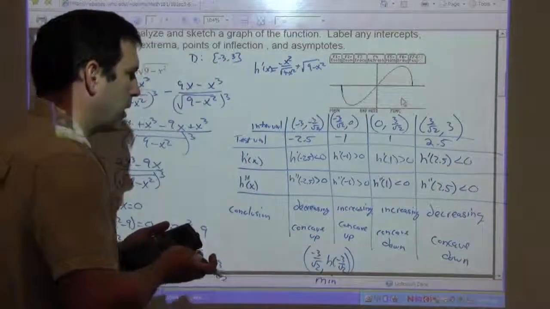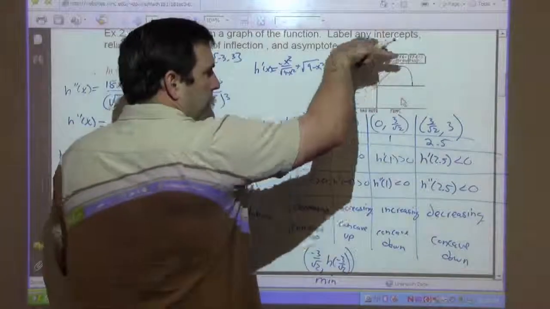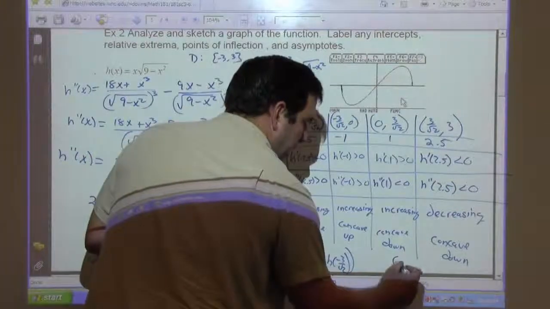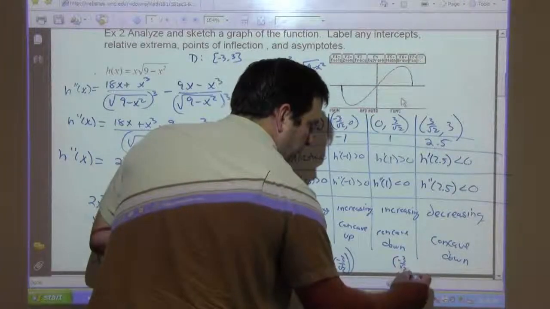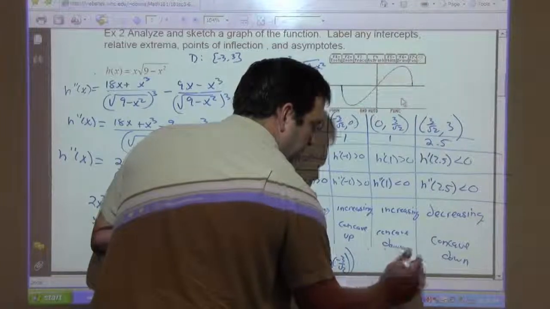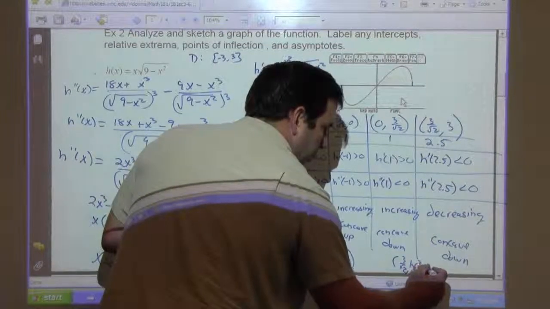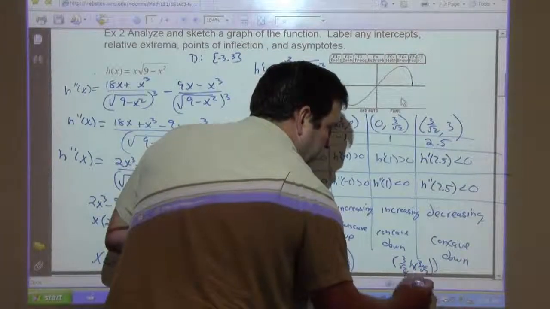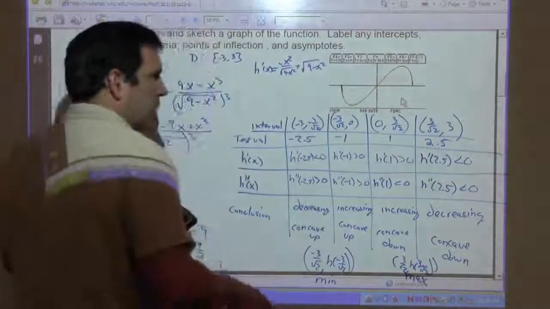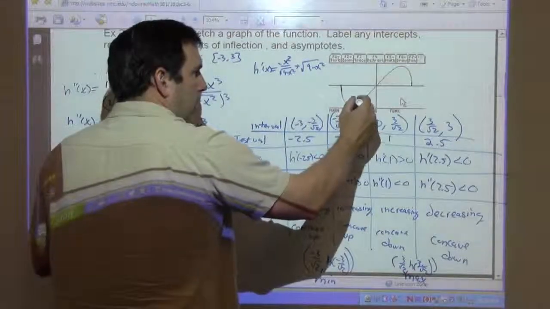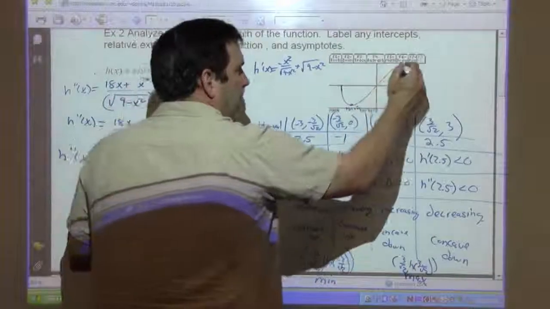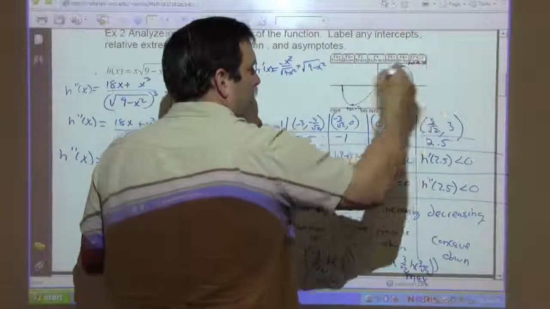Okay. That means it was going up then going down, so we have at 3 over the square root of 2, comma h of 3 over the square root of 2, that's a maximum value. So we have a minimum here and a maximum over there. Min and a max.